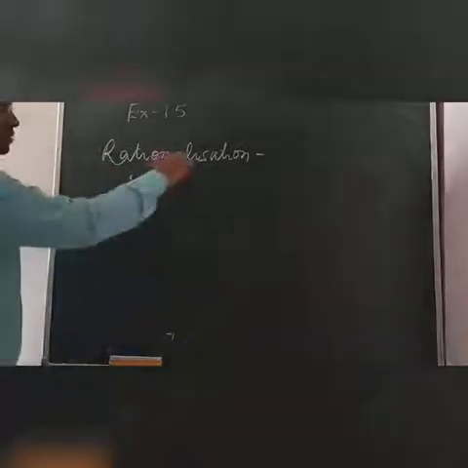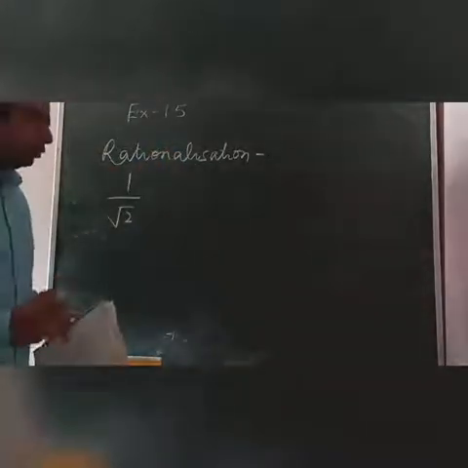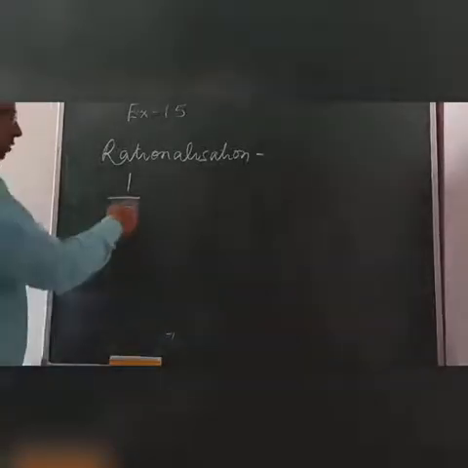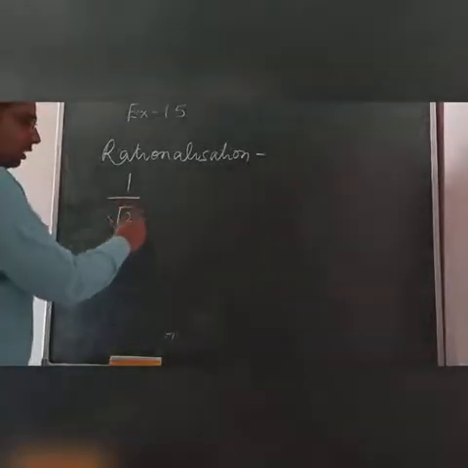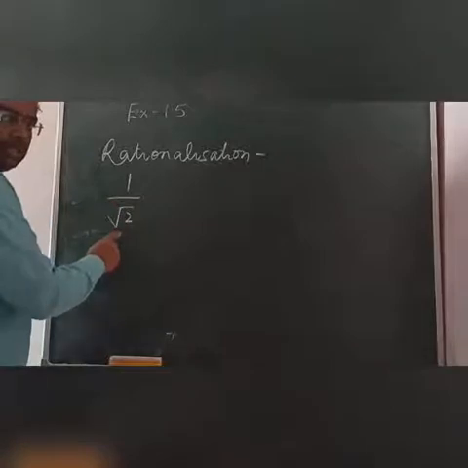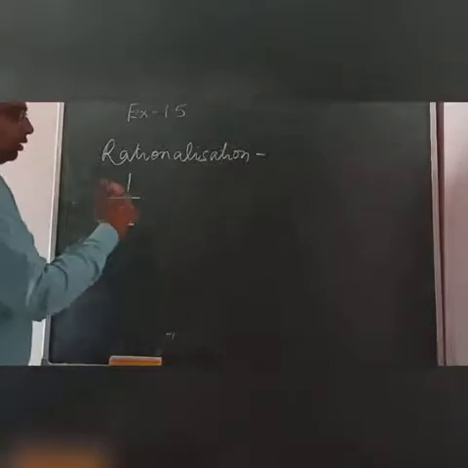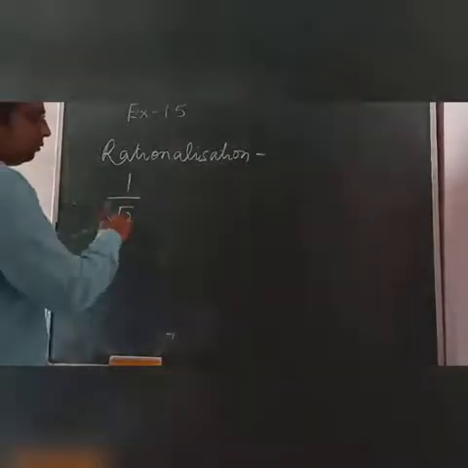What is the meaning of rationalization? In rationalization, because the denominator has under root 2, an irrational number, we change this number into a form where we have a rational number in the denominator only.